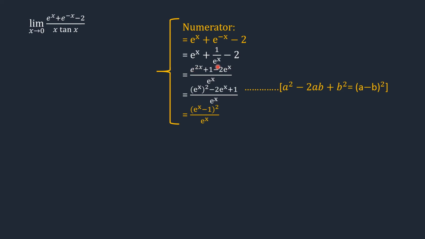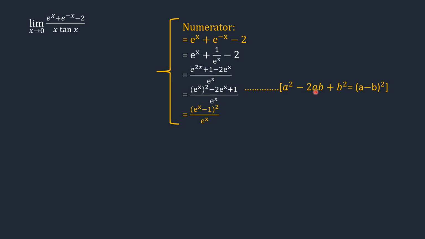Now we will write this numerator as e to the power x whole square minus 2 e to the power x plus 1 divided by e to the power x. Now if you observe carefully, you will find that this expression is a perfect square expression.